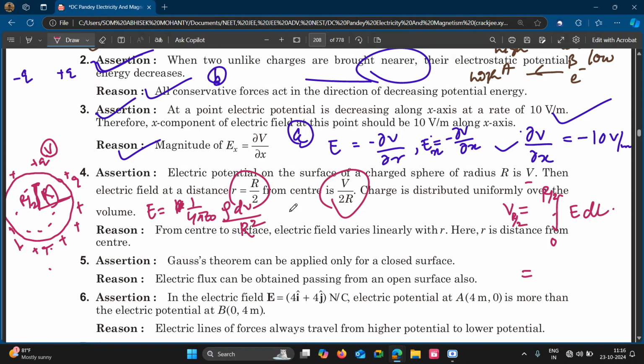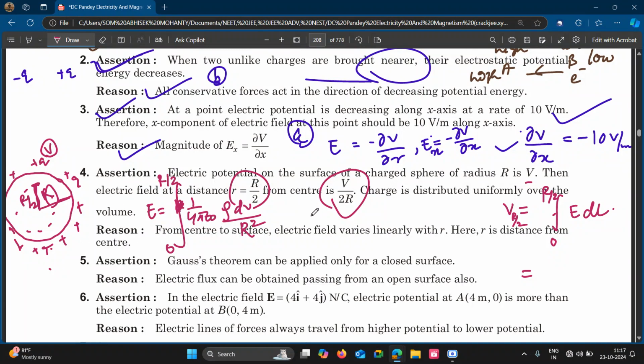So what we can do here is rho into dV, and do integration for that. We can do an integration rho dV by R square and get the electric field from here. Volume up to R by 2 we need.